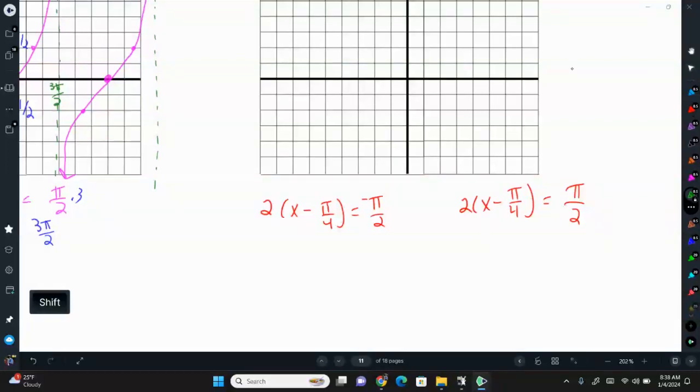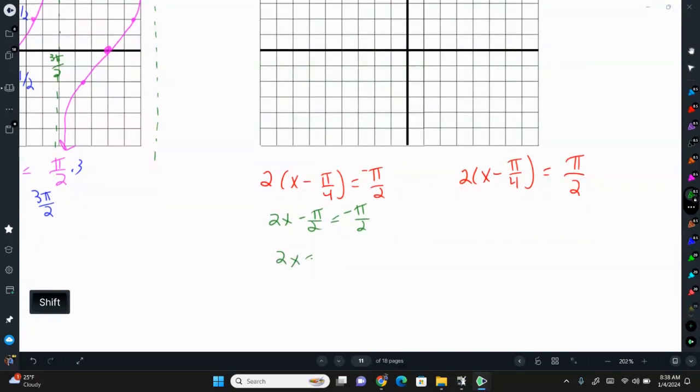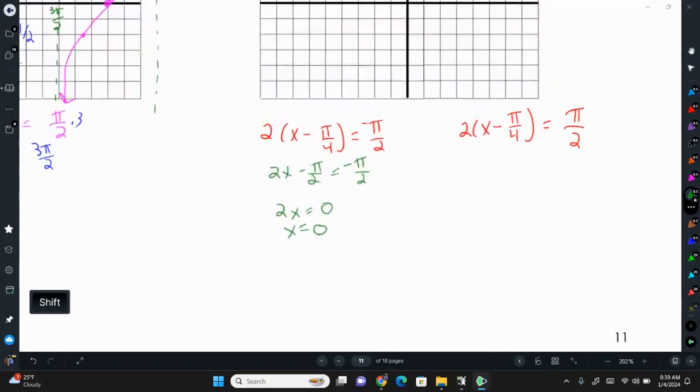So distribute the 2, we get 2x minus pi over 2 equals negative pi over 2. Add pi over 2 to both sides, we get 2x equals 0. So x equals 0 is one of our asymptotes. Then the same thing over here, distribute the 2, we get 2x minus pi over 2 equals pi over 2.